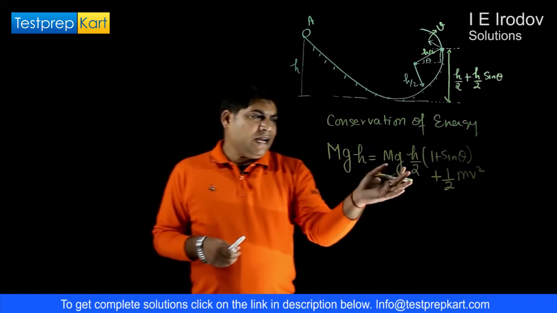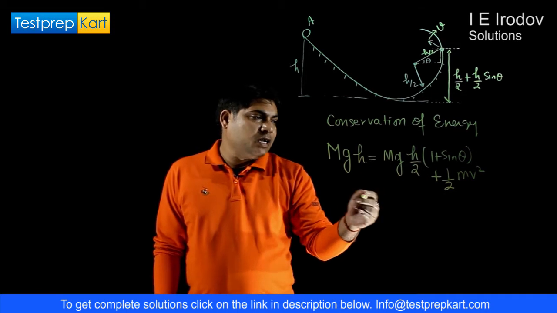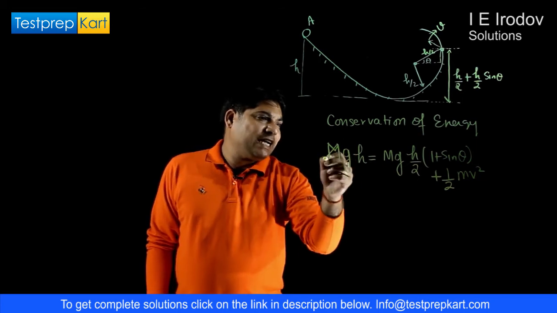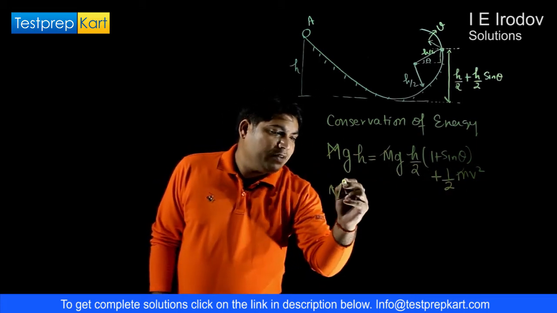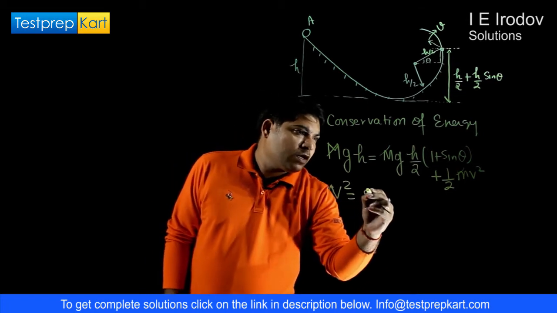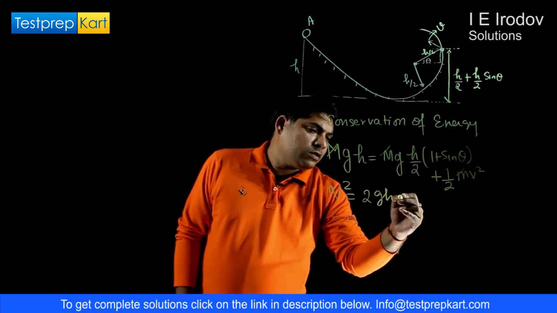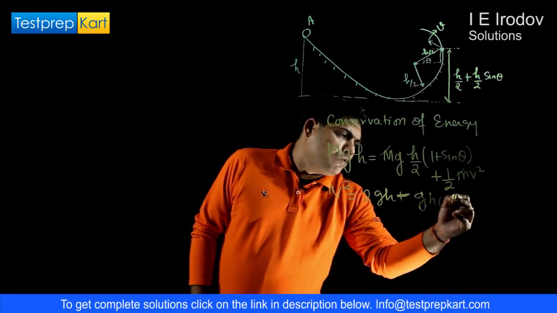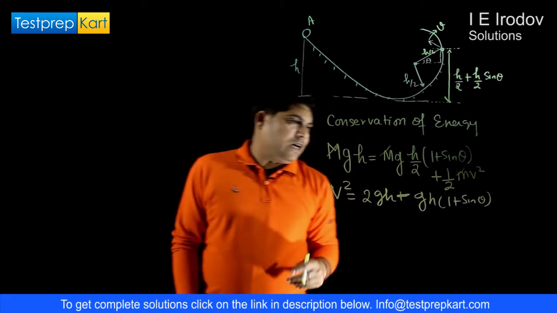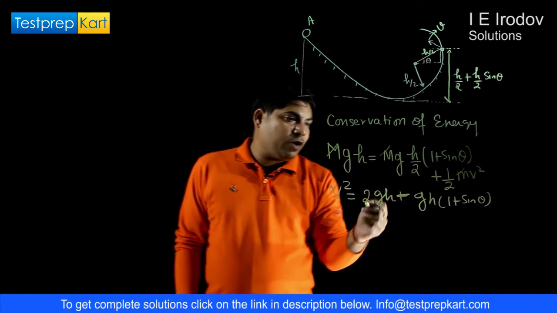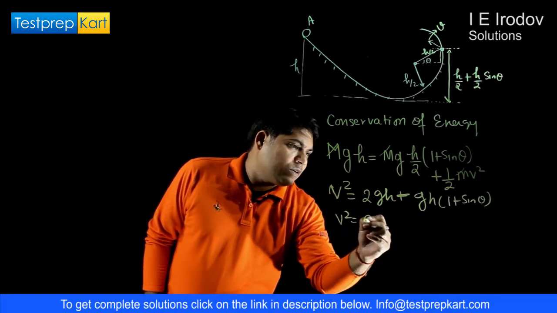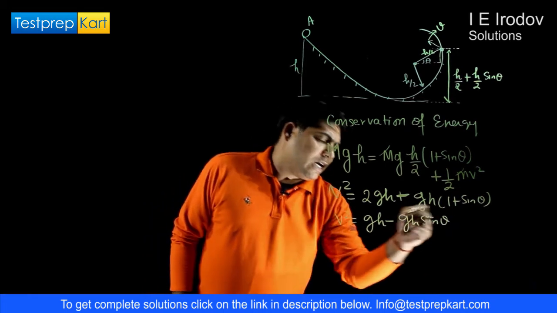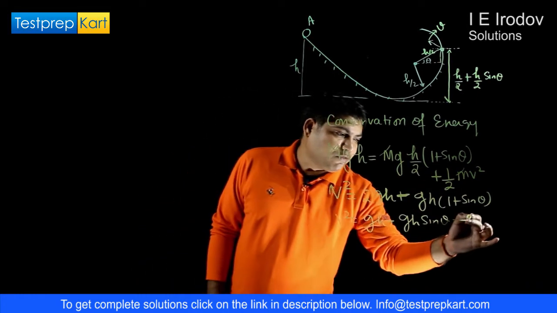We can modify this equation. m will get cancelled out, so we can write v square is equal to 2gh minus gh into (1 plus sine theta). We just shift this term to the right side. So v square is equal to gh minus gh sine theta, opening this bracket. So this is our first equation.